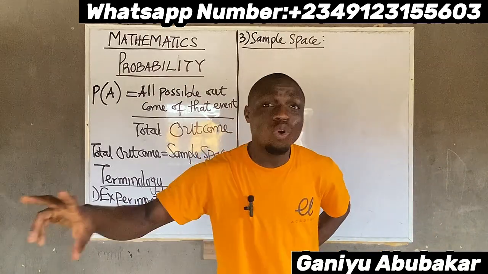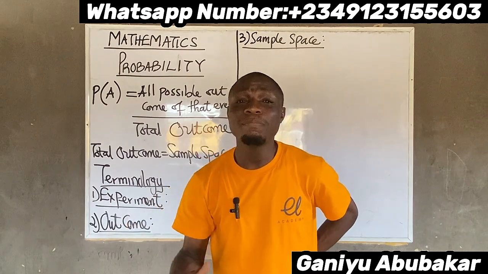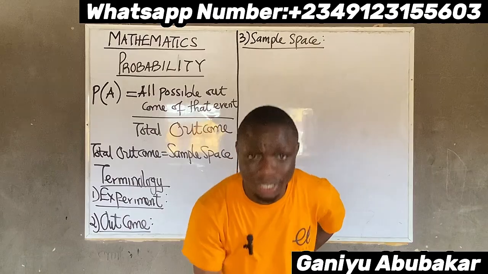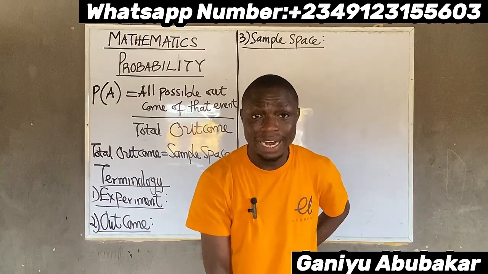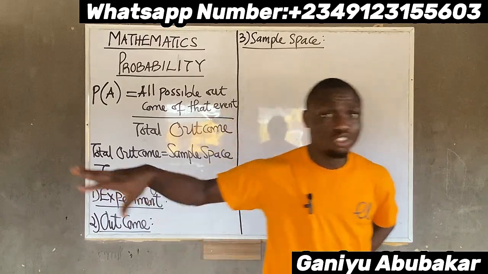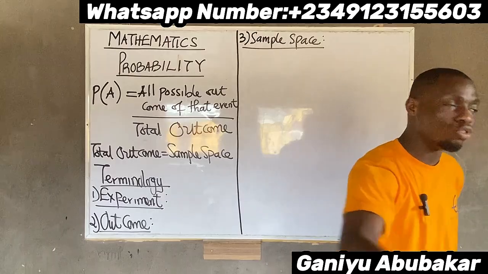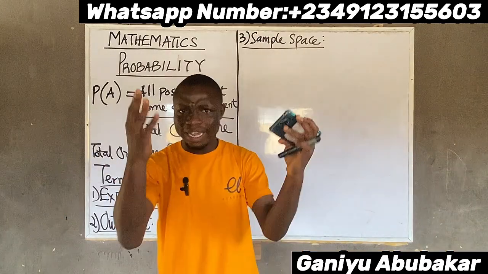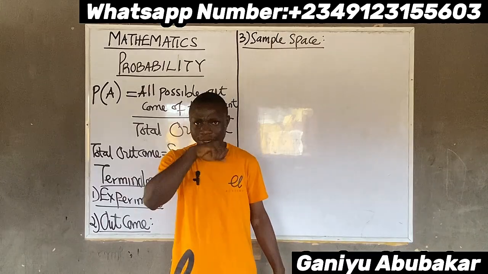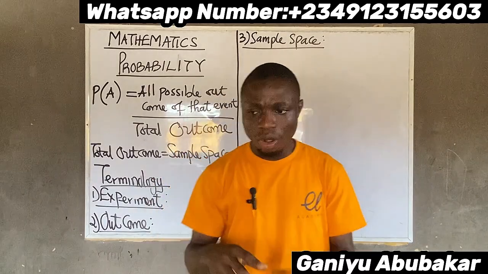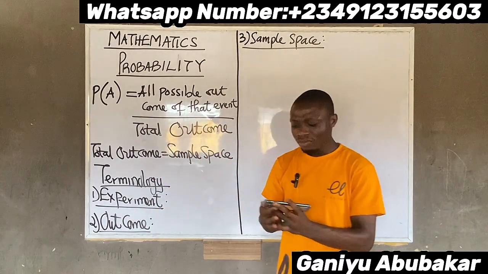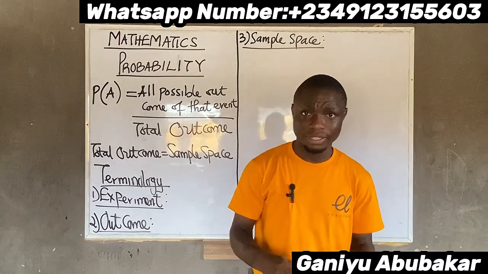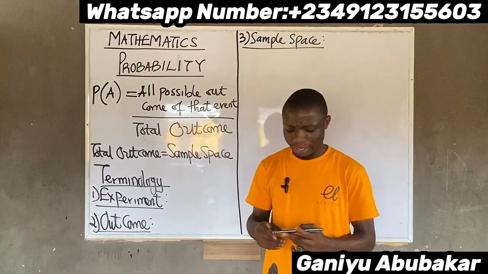So total outcome or sample space simply means the total of everybody in that classroom. When we look at examples, you understand what I mean by sample space. That is what it simply means: the total of all possible outcomes of an experiment. That's how you define sample space.